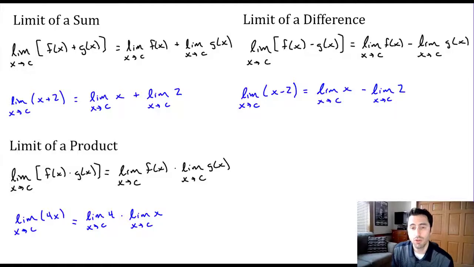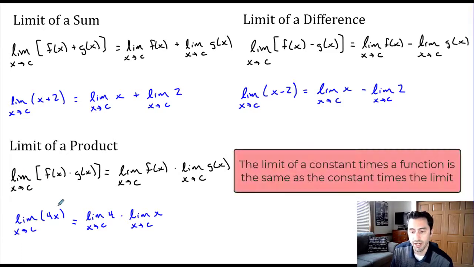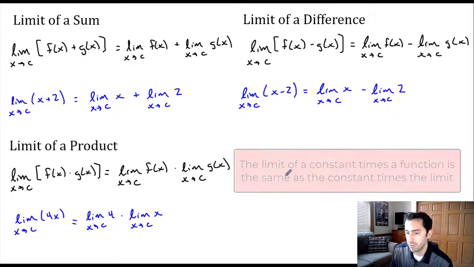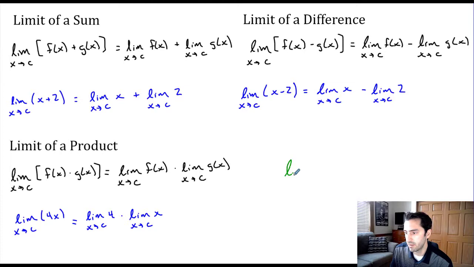Now there is one corollary to this limit of a product, which is illustrated actually in my example. Whenever we have the limit of a constant times a function, that's the same as the constant times the limit. So for example, let's say we're looking at the limit as x approaches c of k times the function f of x.